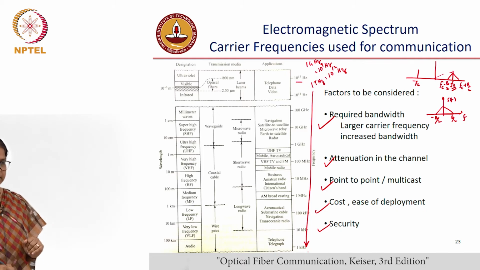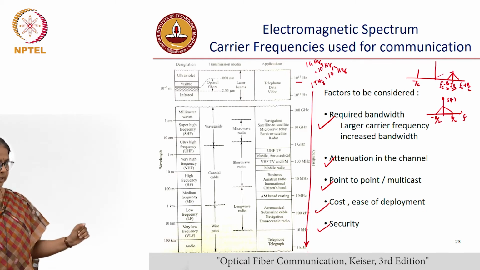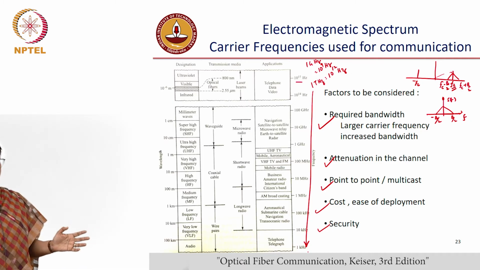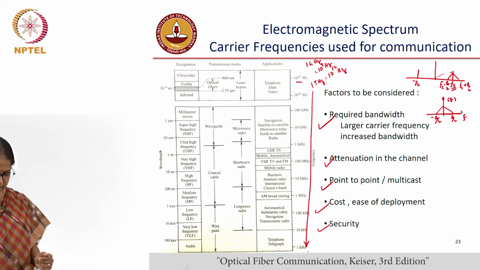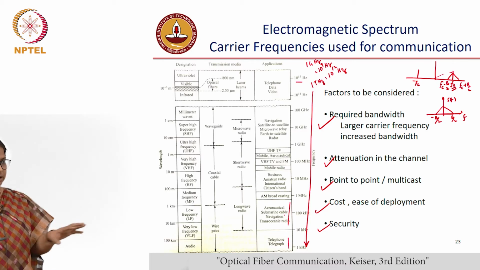These are the allowed carrier frequencies where one can use communication links, for different applications, which range from telegraph to submarine cable, of the order of hundreds of kilohertz, to radio, shortwave radio, VHF, UHF and so on.